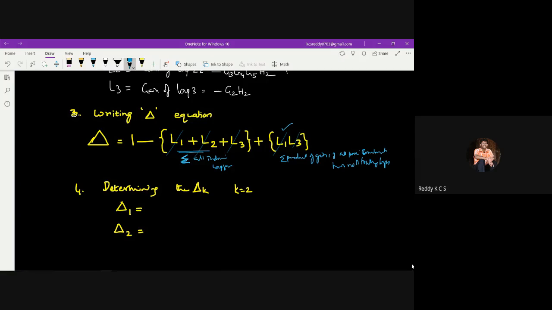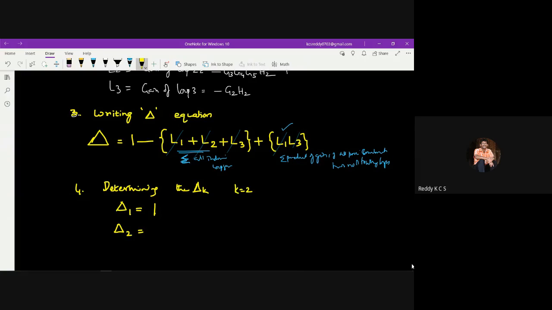So ultimately my del 1 equation will become only 1, because all will be eliminated. According to Mason's gain equation, eliminate all the loop gains in the above del equation which are touching the forward path. For the first forward path, all the loop gains are touched, so del 1 will always become 1 only.